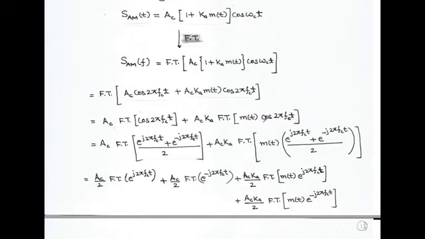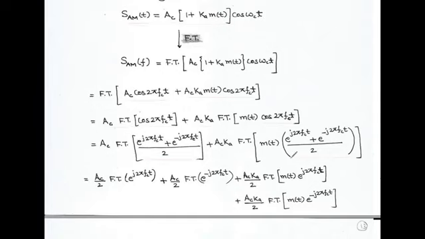Here again we convert cos 2 pi fc t in terms of exponential terms, that is e to power j 2 pi fc t plus e to power minus j 2 pi fc t upon 2.